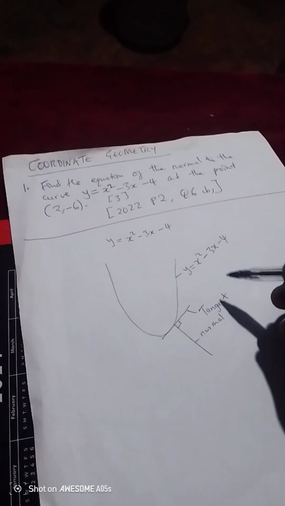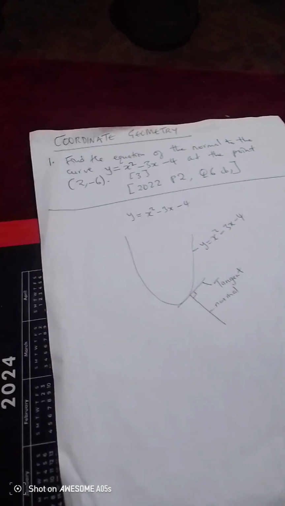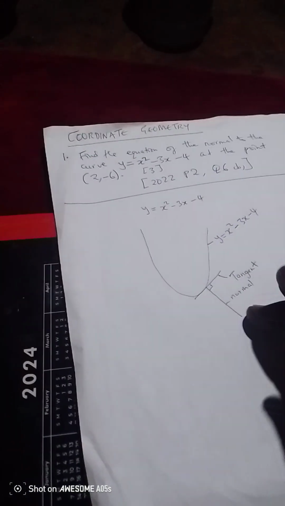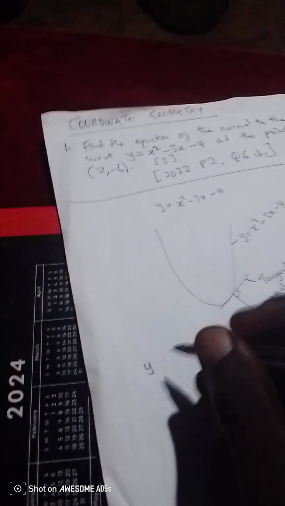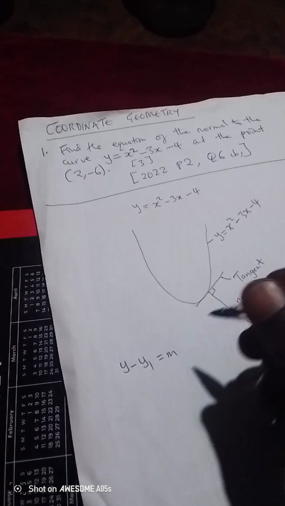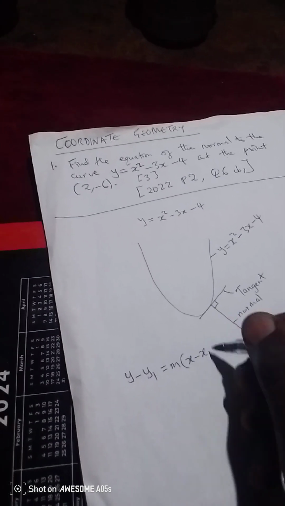For us to find the equation of the normal, we are going to rely on the equation of a straight line, since we know that the normal is a straight line. So we are going to say y minus y1 equals m open brackets x minus x1.